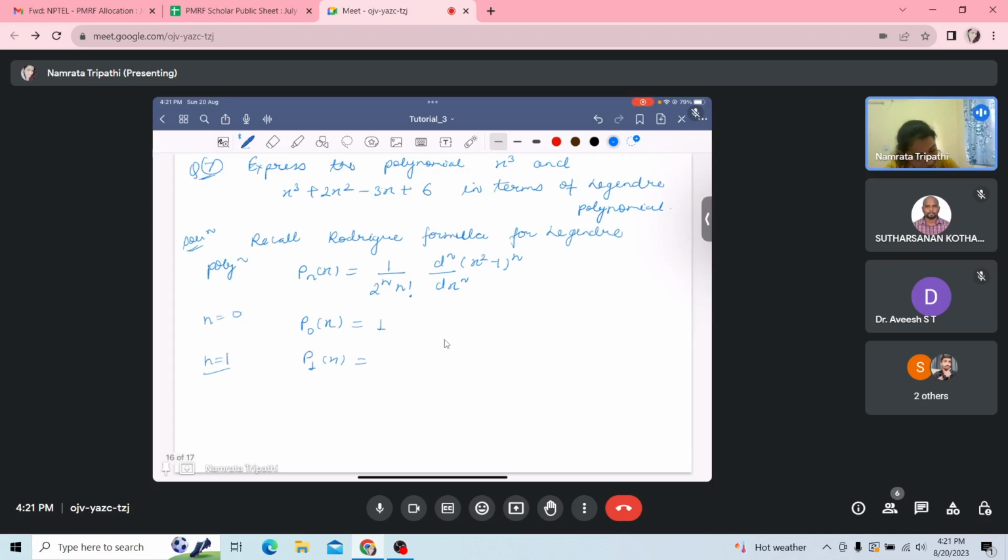You can differentiate. So this will become x. Similarly, for n is equal to 2, we can calculate P2.